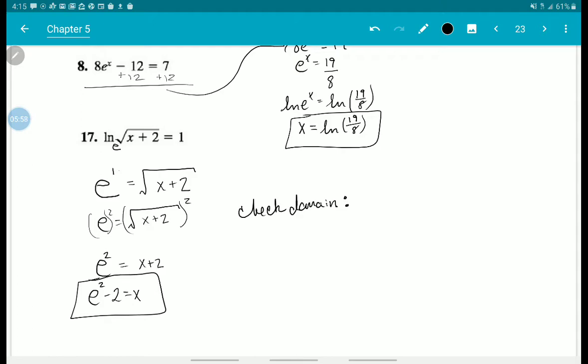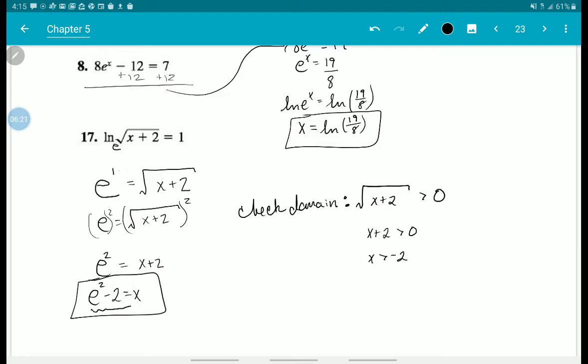If we were to check the domain here, we would need the square root of x plus 2 to be greater than 0. So x plus 2 has to be greater than 0, so x has to be greater than negative 2.